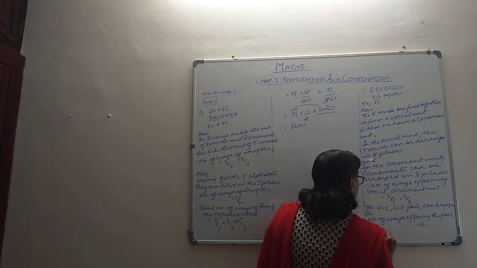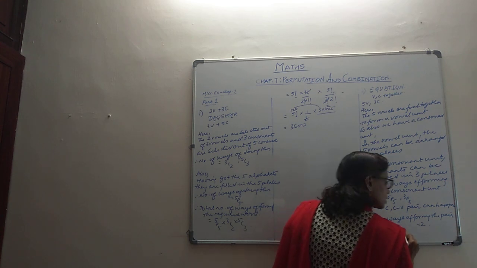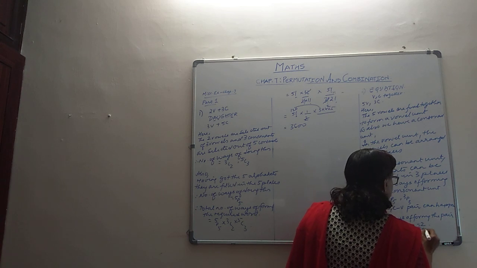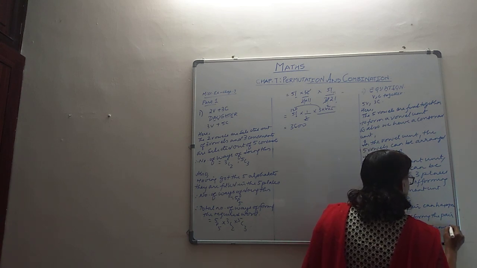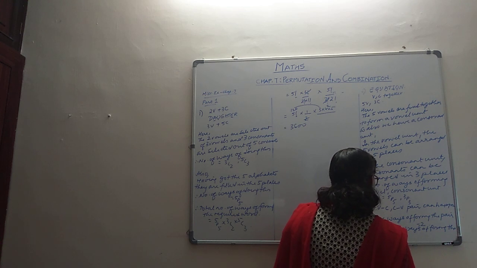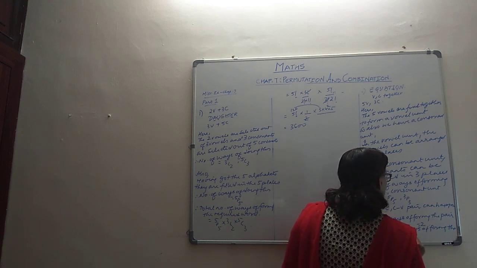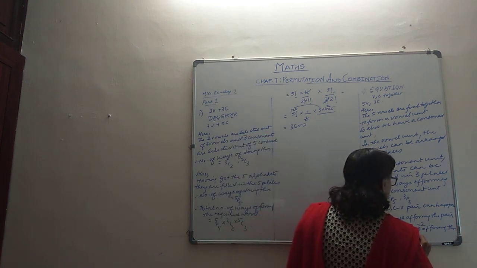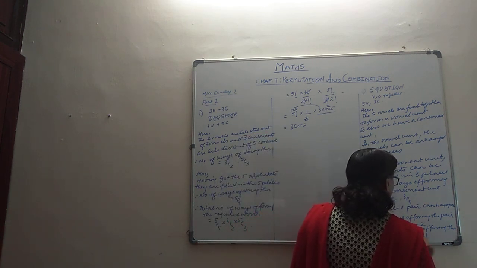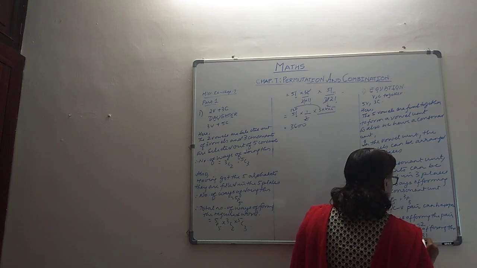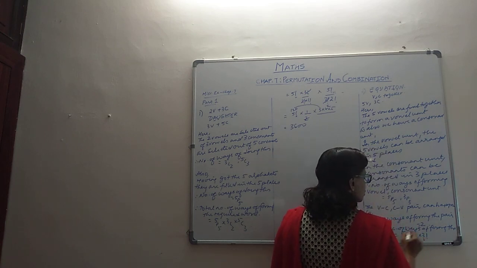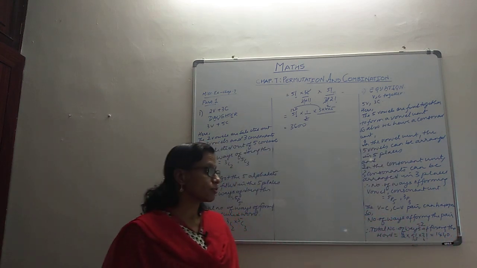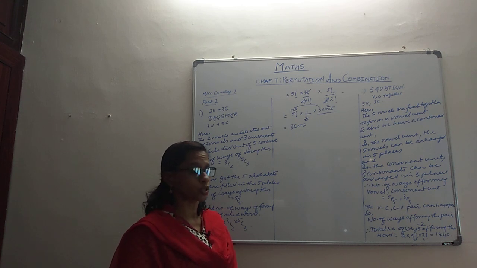Therefore, total number of ways of forming the word is 2 into 5P5 into 3P3. Earlier I said 5P5 is 5 factorial, 3P3 is 3 factorial. So 5 factorial into 3 factorial, and this we know is 120, this we know is 6. So 12 into 12, 1440. That's it. Number of ways of forming this is 1440.